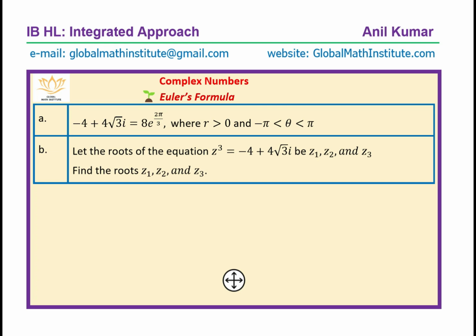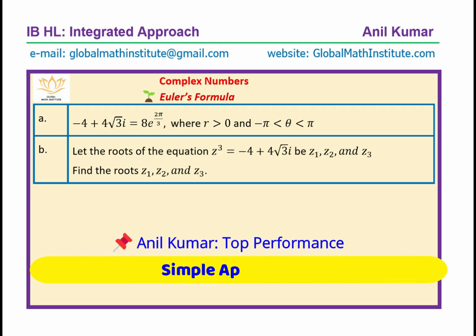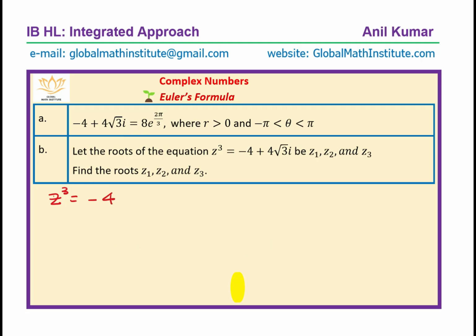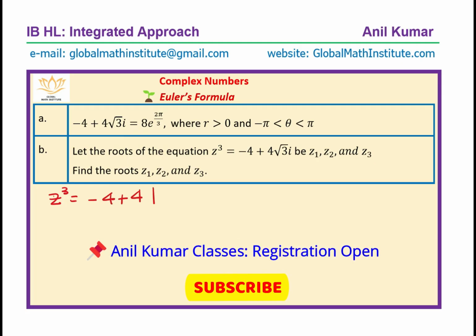So part A we have 8e^(i2π/3). Part B is let the roots of this equation be z1, z2 and z3. Find these roots. Since z³ is equal to -4 + 4√3i, z will be the cube root of all this, correct?